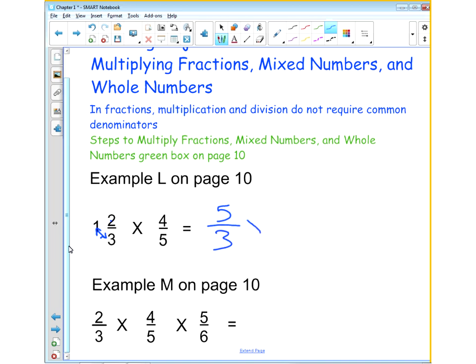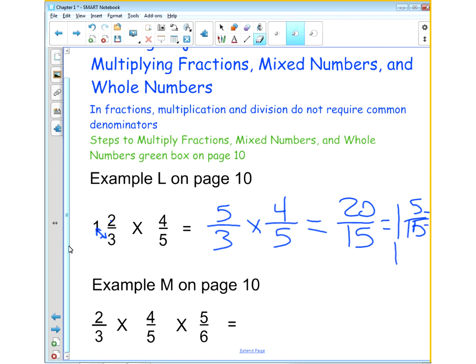So I've got 5/3 times 4/5. And now it's just straight multiplying. I go 5 times 4 is 20. 3 times 5 is 15. So that can be reduced down to 1 and 5/15, which equals 1, I can do better than that.